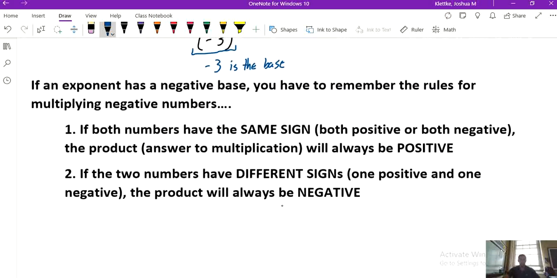Something you have to remember is that we have rules for multiplying negative numbers. If the numbers have the same sign, both positive or both negative, the product, which is the answer to multiplication, will always be positive. If the two numbers have different signs, one positive and one negative, the answer will always be negative. Important to remember those rules.